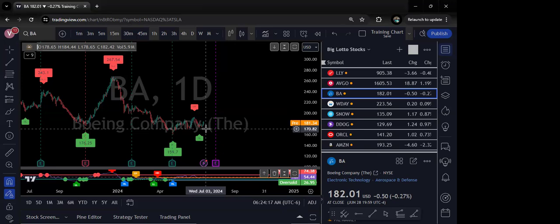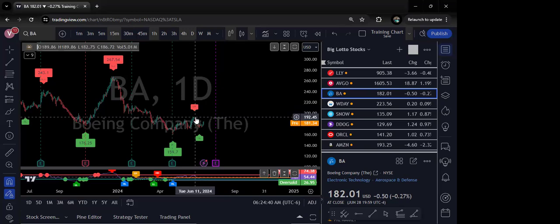So for BA, you're anticipating the trend to be up. So the 50% retracement is 213. So if it's going up, it is supposed to go to 213.